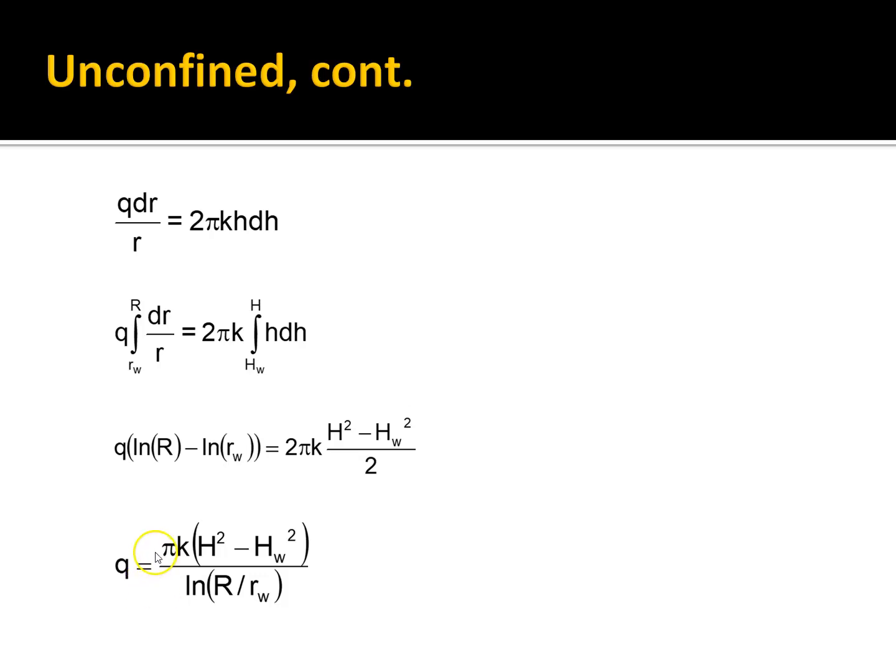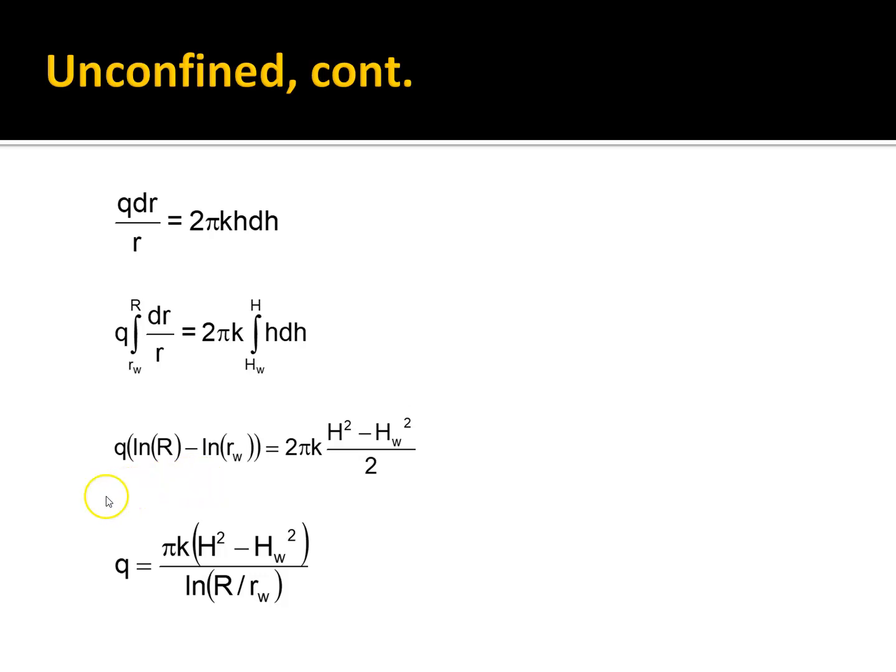So before we had 2 pi K D (H minus hw). Well, now we have pi K (H squared minus hw squared). Again, we're using the radius of the well and the height of water in the well, and then the radius of influence and the initial water table height as our two boundary conditions.